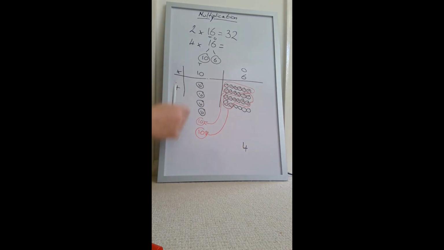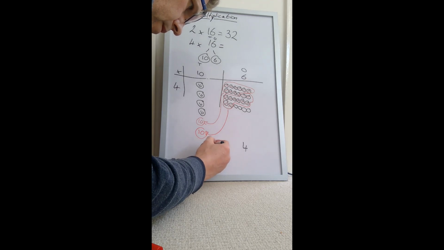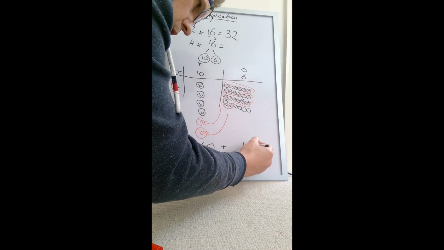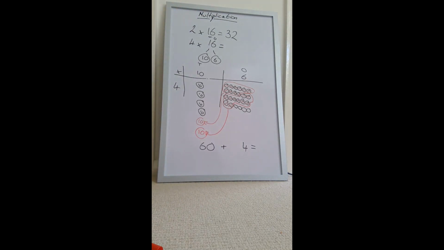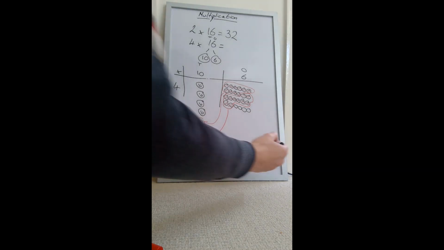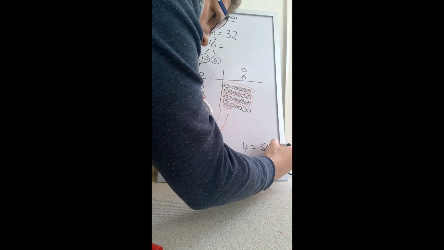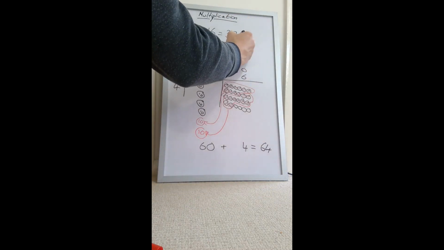I can now work out the total in the tens column, 10, 20, 30, 40, 50, 60. I can then solve either using column addition or mental maths. In this case, I'm going to use mental maths. 60 plus 4 is 64. And I can write the answer here as well, 64.